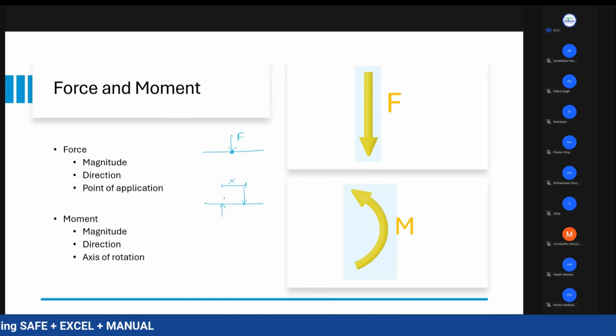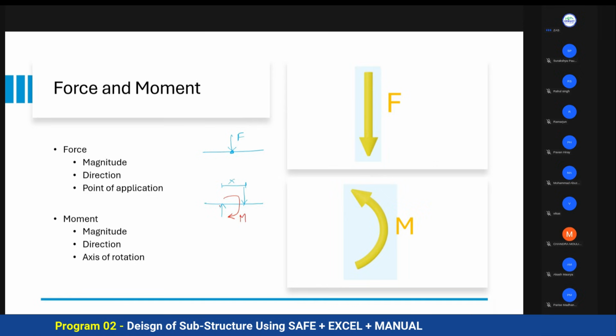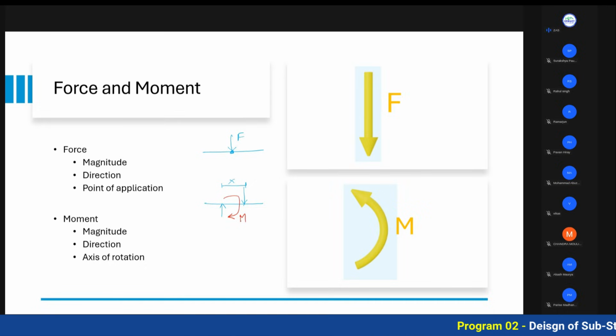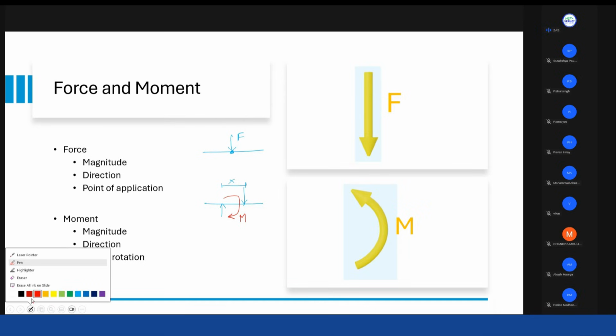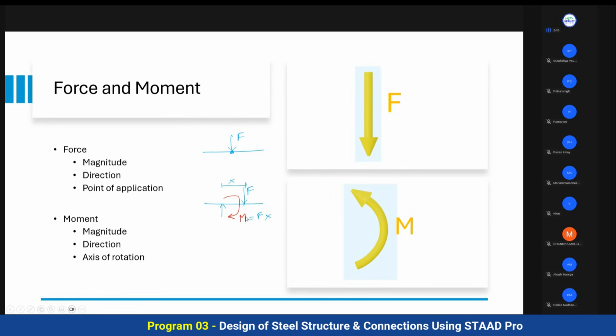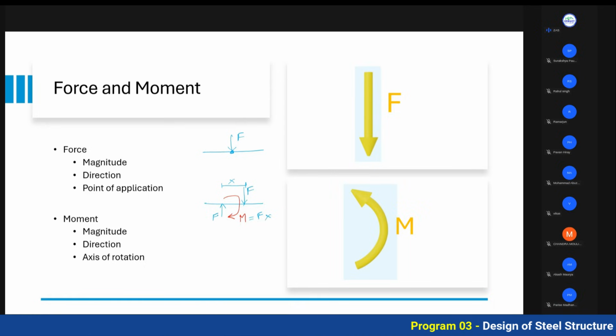So you will have an axis of rotation and you will have a certain value. This is the general comparison between force and moment. The moment will be F into x, the force into the perpendicular distance between them. So this will also, of course, be F. The same force is applied.